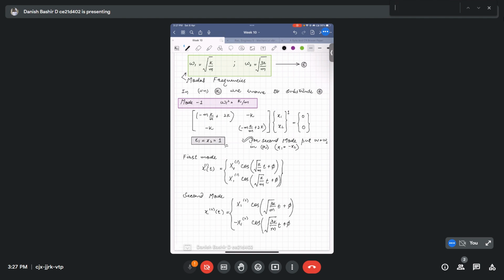So the second mode would look like this. These are the solutions.